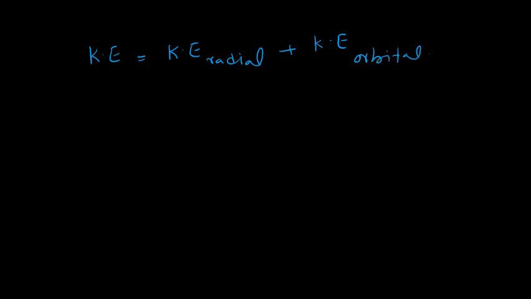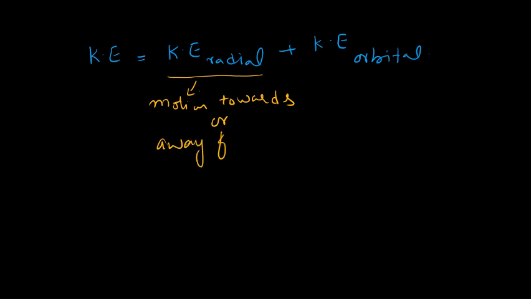Okay, the radial kinetic energy represents the motion towards or away from the nucleus. And now what about the orbital part of kinetic energy?